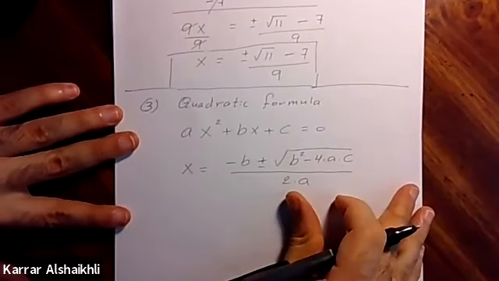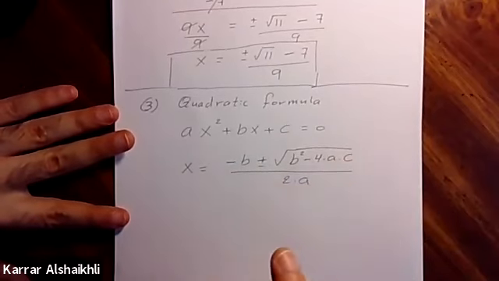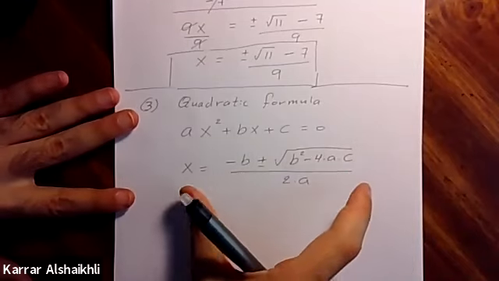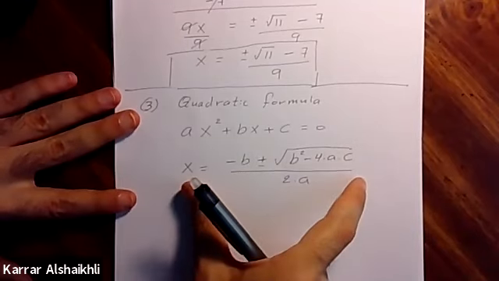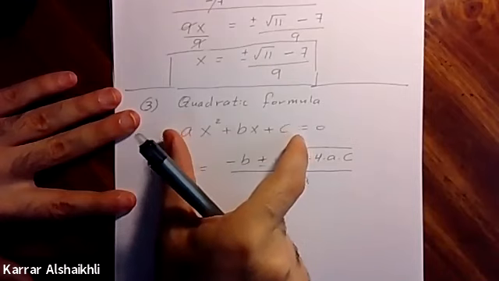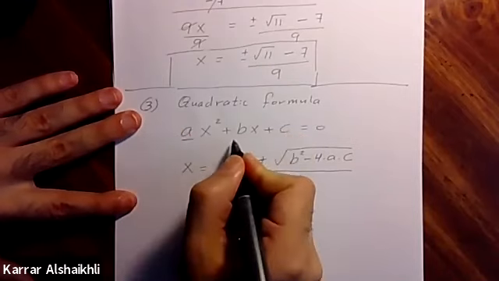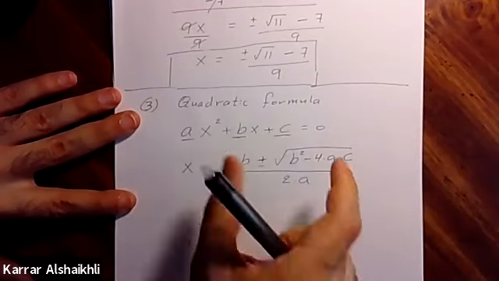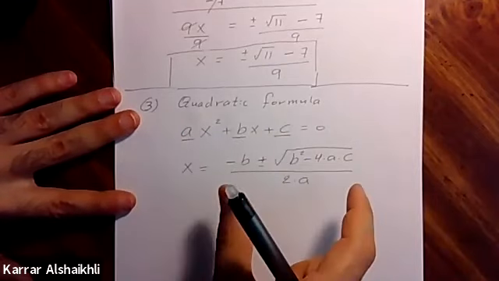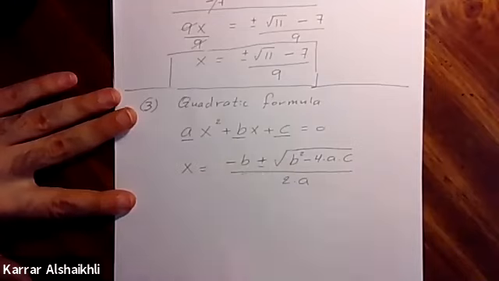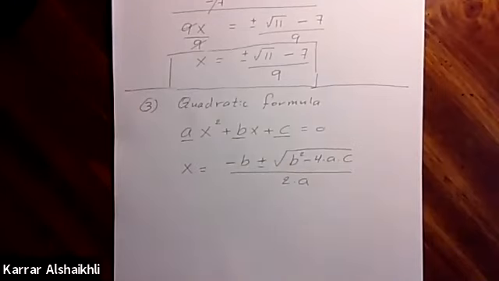So this is the quadratic formula. Again, when are we going to use the quadratic formula? If you can't use the AC method, you have to locate the a, the b, and the c. Then you're going to use a, b and c to find the value of x by using this formula.